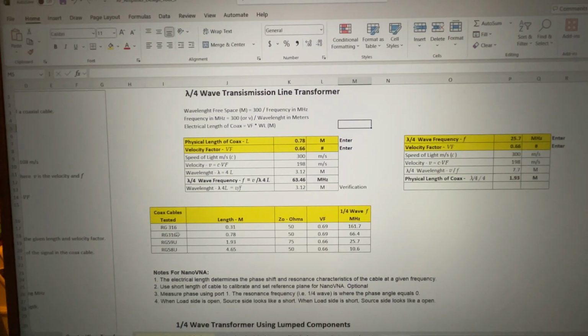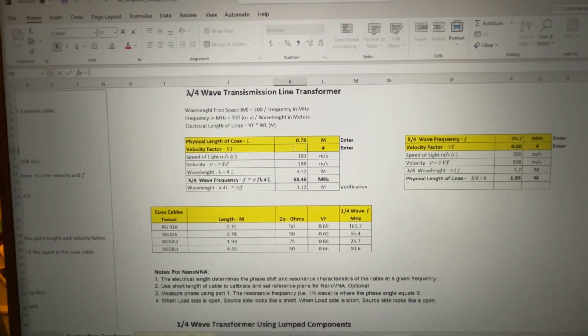Now, we're using basically a piece of RG316, so in this case I also have to change the velocity factor of the coax to 0.69, and we see that the resonant quarter wave frequency is 66.35 megahertz, or I just rounded that off to 66.4, which is what you see here.